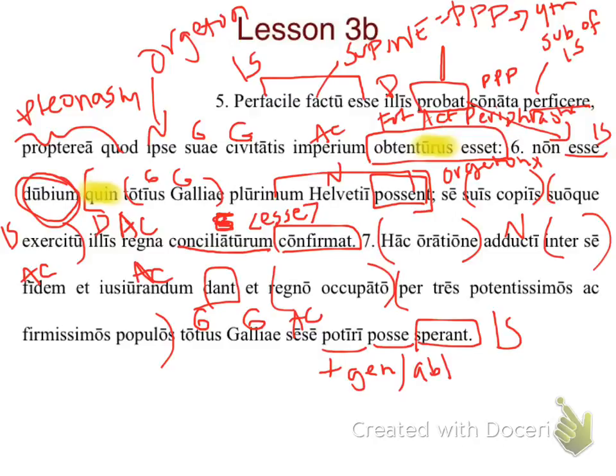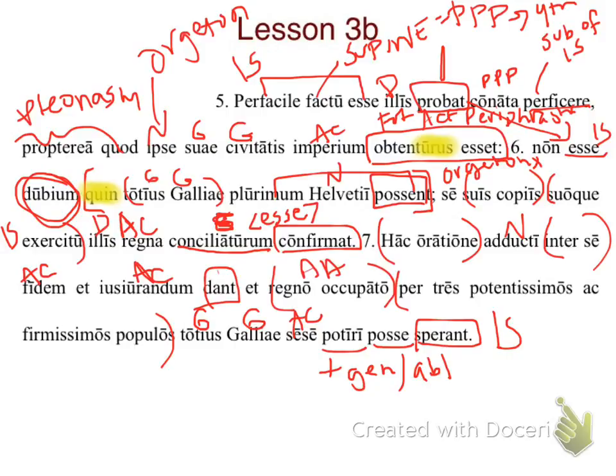Okay, so then we got having been drawn in by this speech, they give faith and a sworn oath. And okay, then we got an ablative absolute.